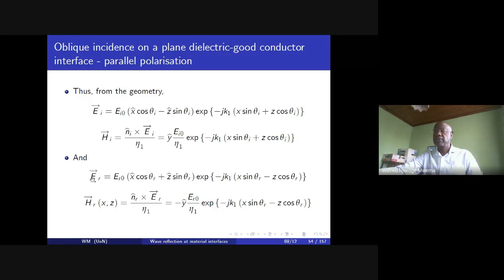And ER, the reflected electric field intensity, is also given by the same kind of value like we did before, and HR given by that. So what you need to remember always is that for a TEM wave, the electric field intensity and the magnetic field intensity are related by equations of that nature.